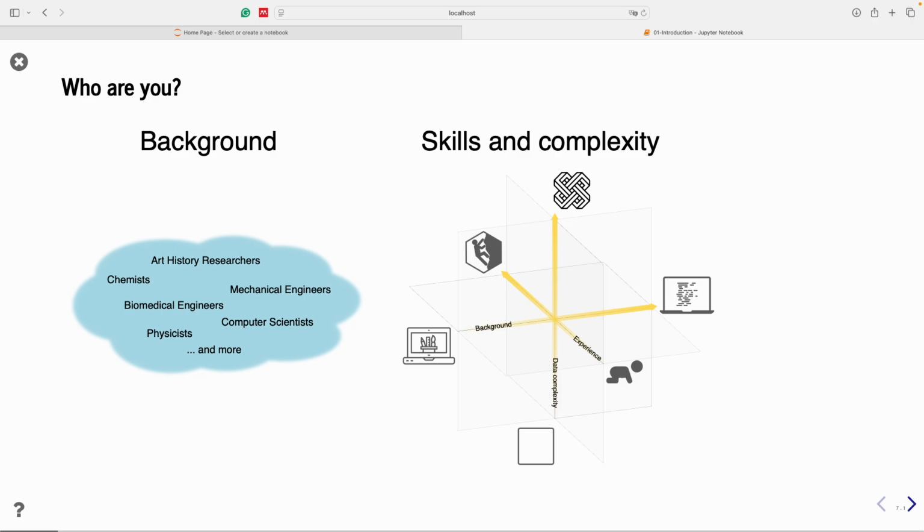So, who are you? I looked in the list of enrolled students, and to some extent, this cloud actually covers what you are. Some mechanical engineers, some from electrical engineering, informatics. Actually, I have a mathematician also around us, physicists, and so on.